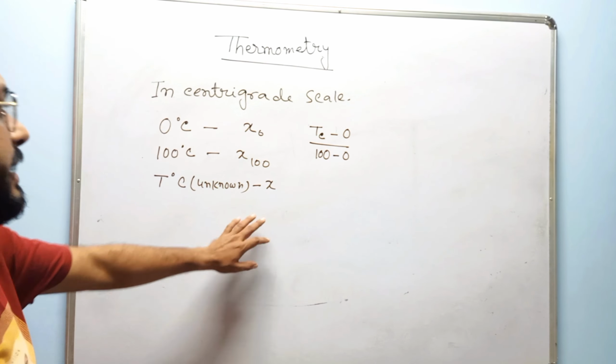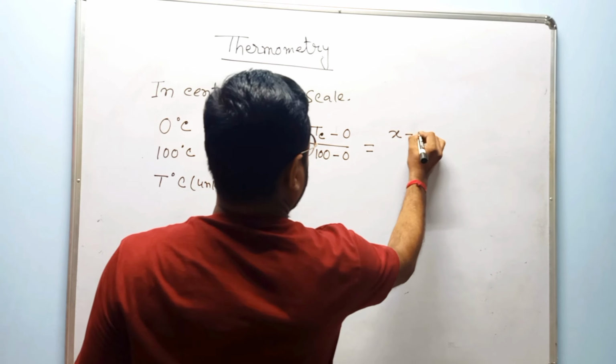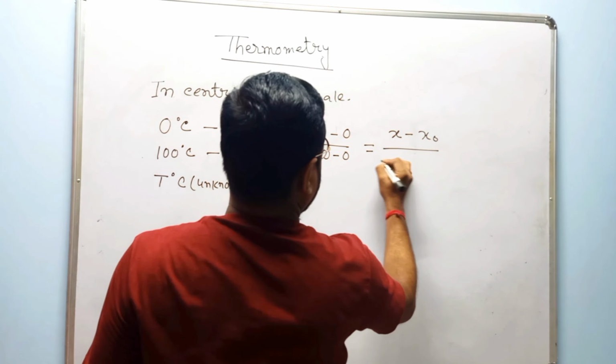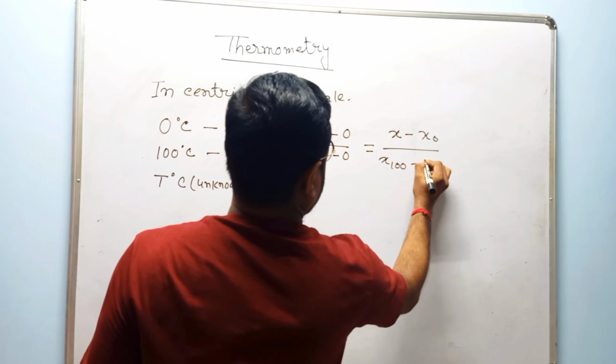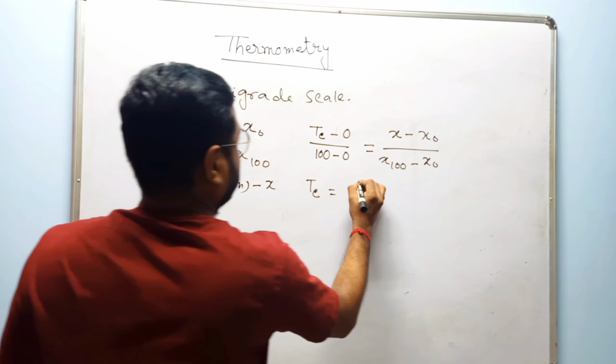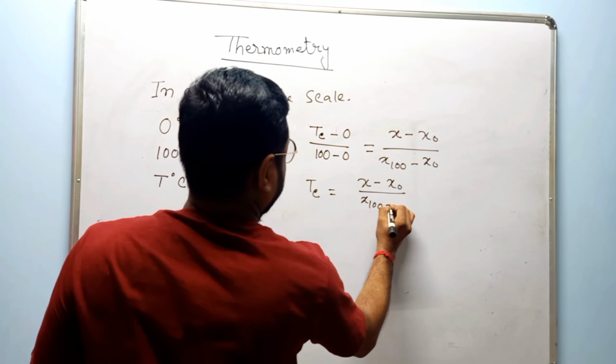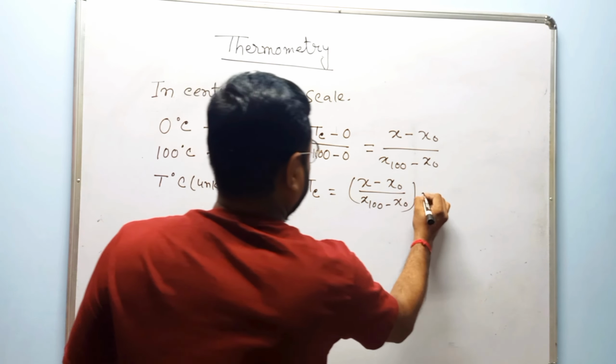Tc, the unknown temperature, is equal to (x minus x naught) divided by (x100 minus x naught), or Tc is equal to (x minus x naught) by (x100 minus x naught) multiplied by 100.